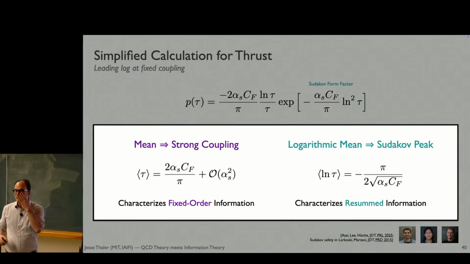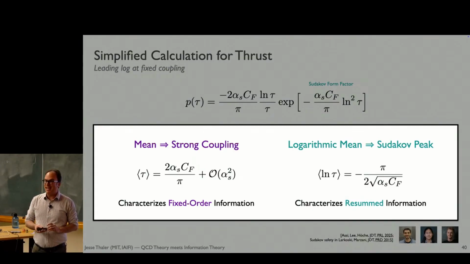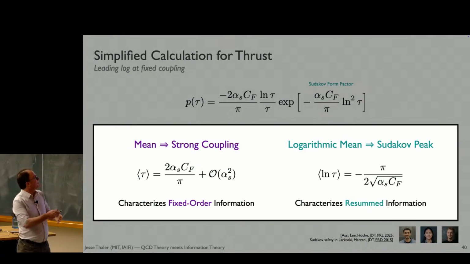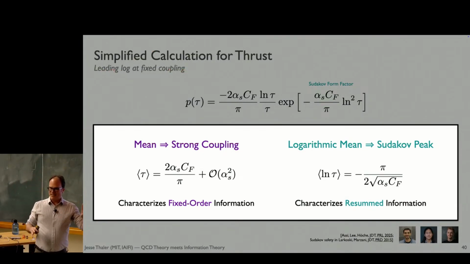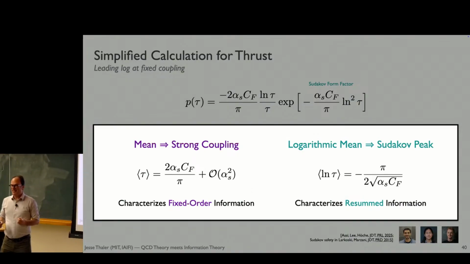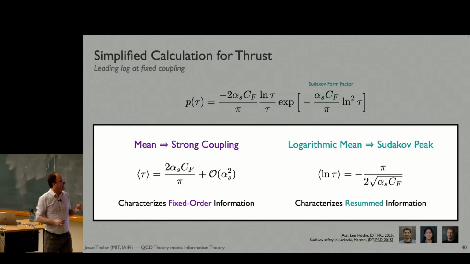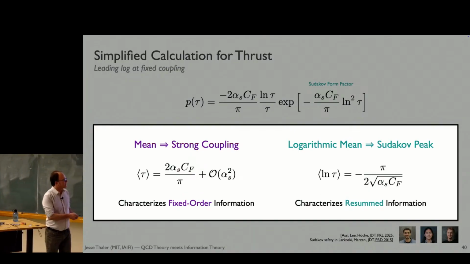Yes? I have a question. What's the argument of alpha s in those two expressions? Oh, like alpha s evaluated at which scale? Yeah, so this is an ultra-simplified leading log at fixed coupling calculation, so there's no scale here. Now, if you want to calculate these things and say what scale is contributing there, this becomes a very interesting question. And in fact, I don't know how to express it simply in this form.